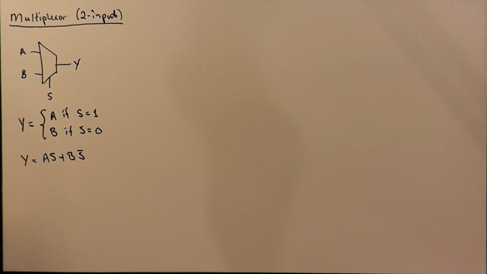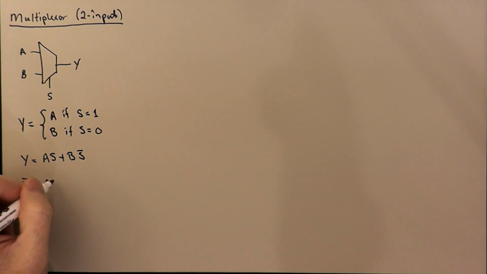And what we would like to do, at first, is synthesize a CMOS circuit that does this. Our approach is going to be to synthesize a circuit that implements Y bar and put an inverter on the output. Because remember, CMOS is an inverting logic family, and so it's easier to synthesize Y bar and put an inverter on the output.